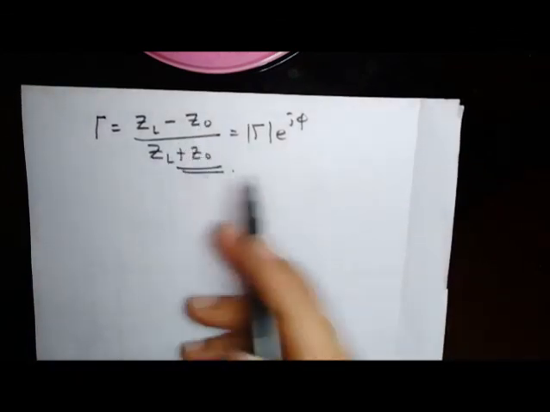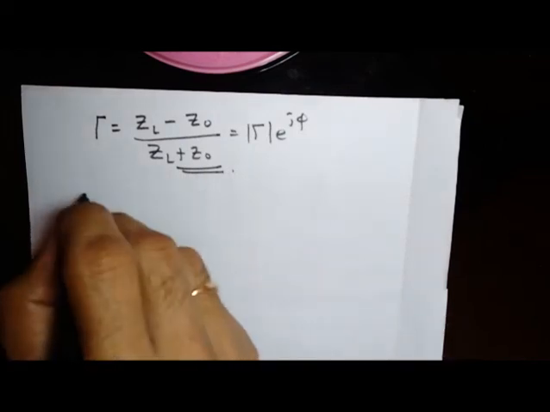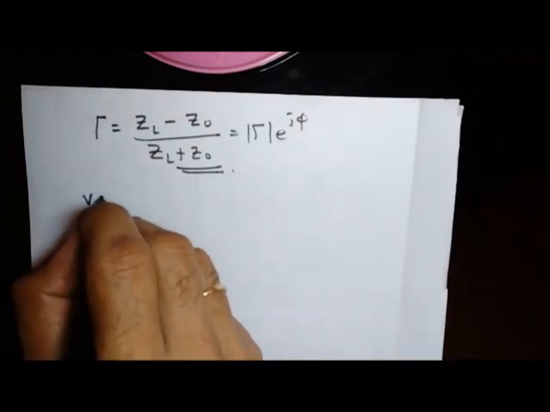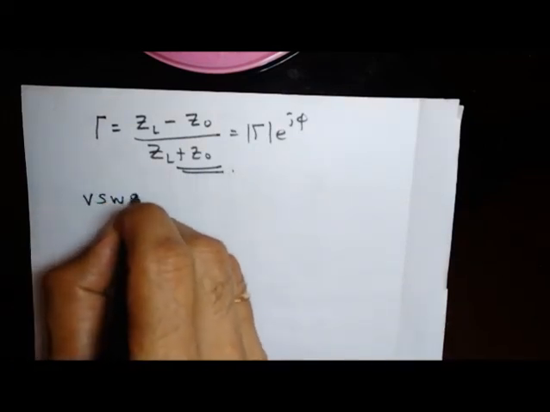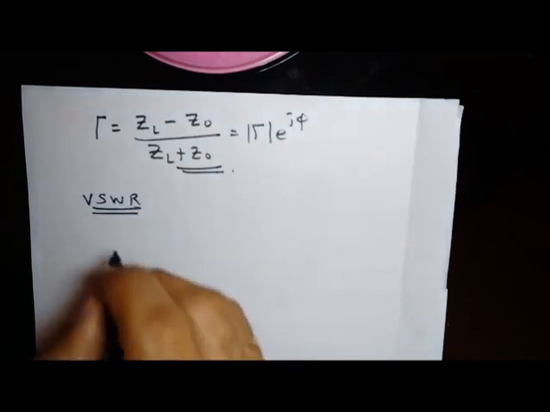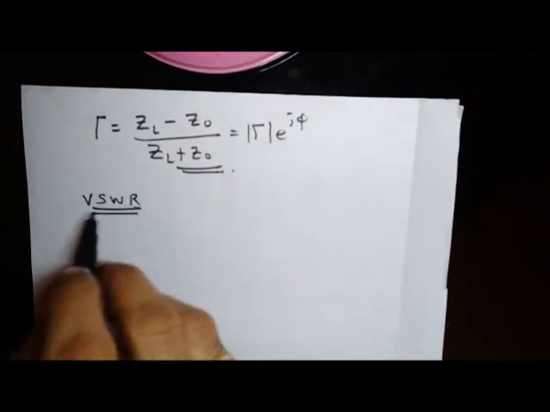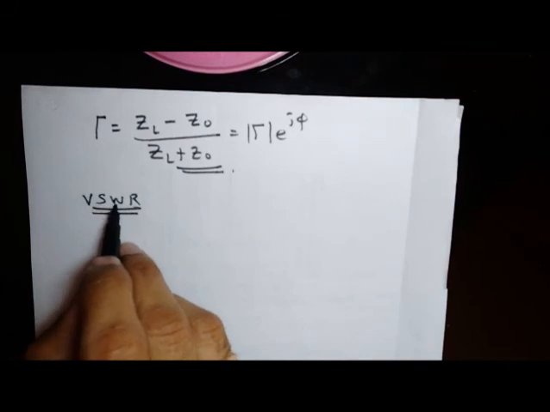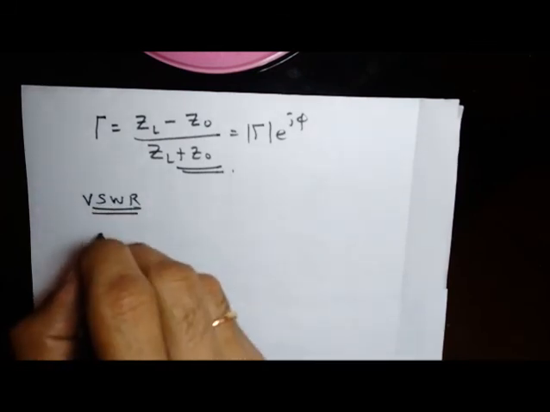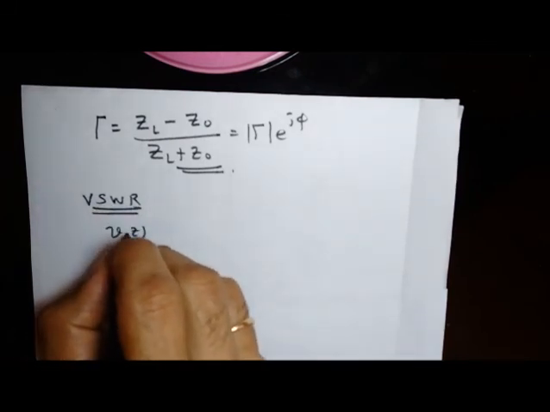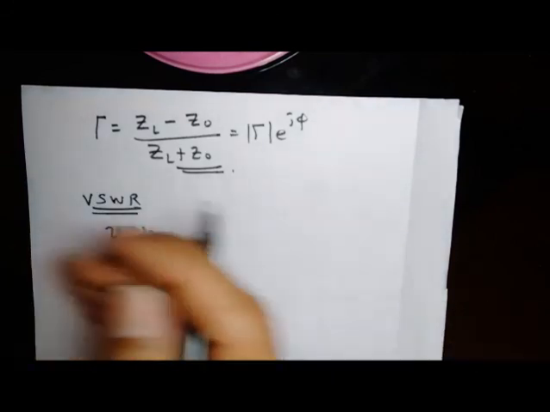Now there is something called the voltage standing wave ratio. I have written it in short form. Now we know that Vz, in general, has a forward propagating and a reflected voltage.